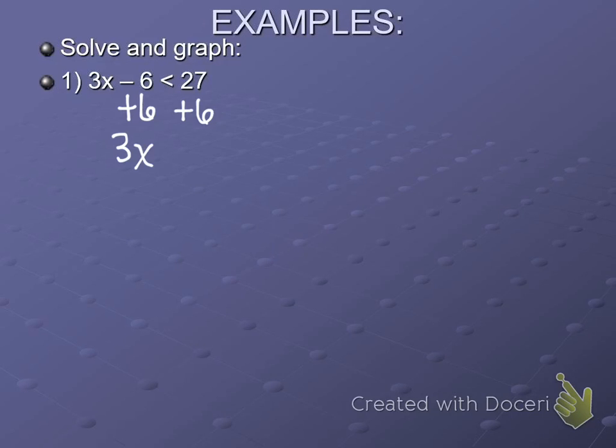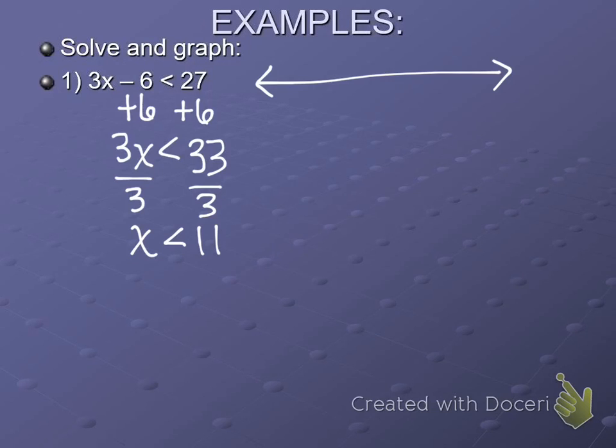So I have 3x, I keep that symbol the same, less than 33. We divide both sides by 3. Again, our goal is to get x by itself. So we have x is less than 11.